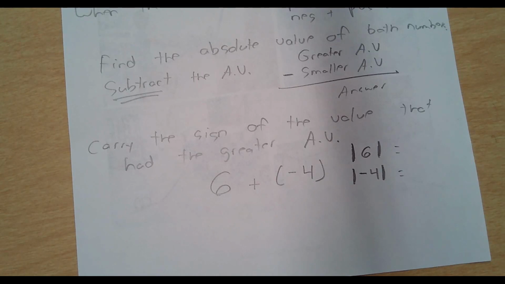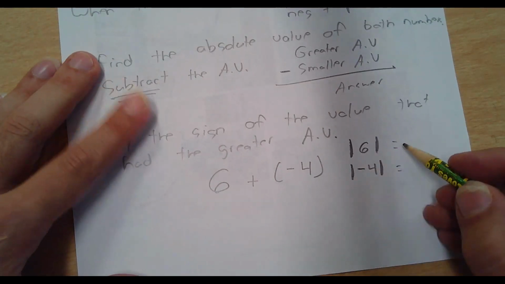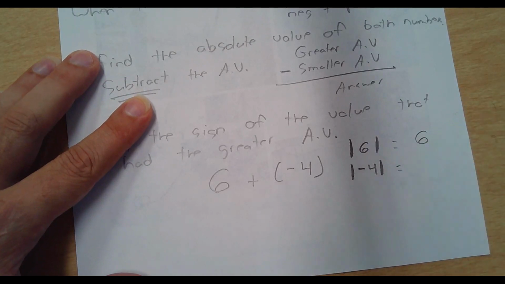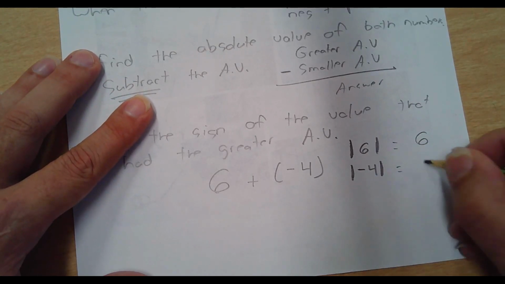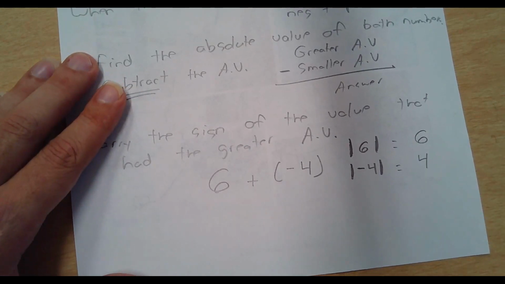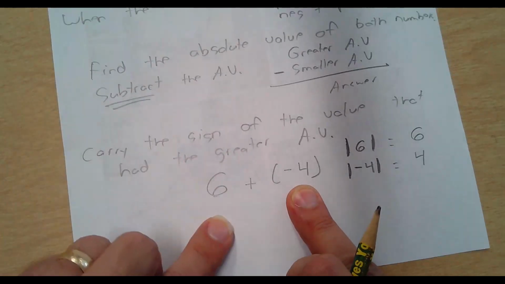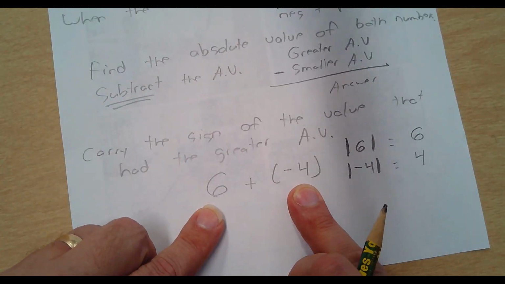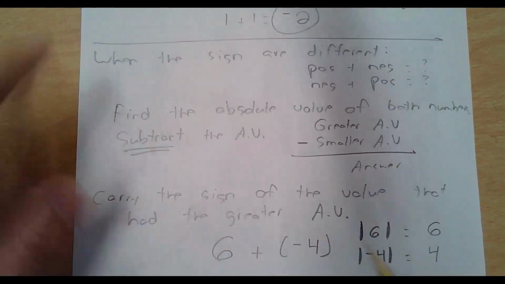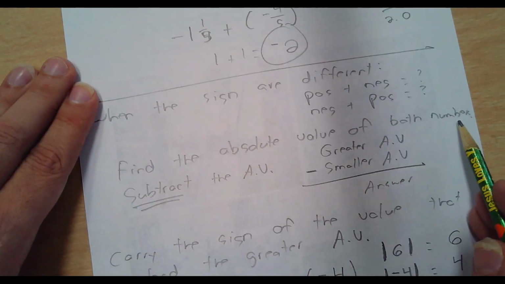Always, always, always, always. So the absolute value of positive 6 is 6. The absolute value of negative 4 is 4. Positive 4. Absolute values are always positive. So what we're doing here is we're generating two positive numbers. Okay? So now I've done that. Step 1, find the absolute value of both numbers.